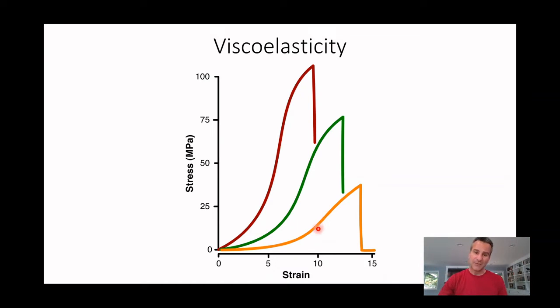That's because when I'm loaded really fast, it's a much stiffer structure. And when you load a stiffer structure, you see all this area under the curve? That's the energy that the tissue has absorbed. So when the tissue breaks, it completely blows up.